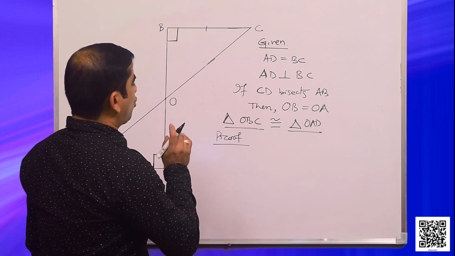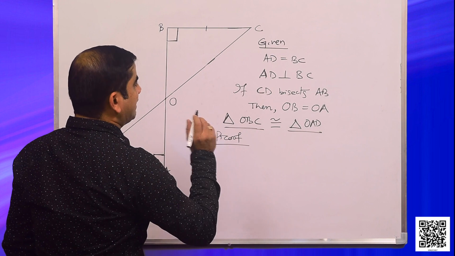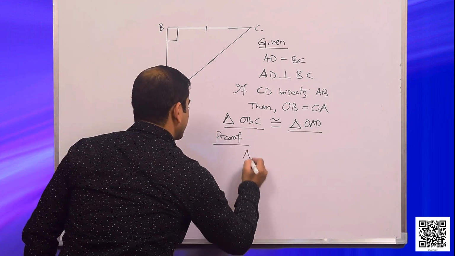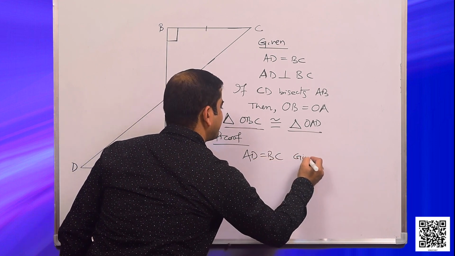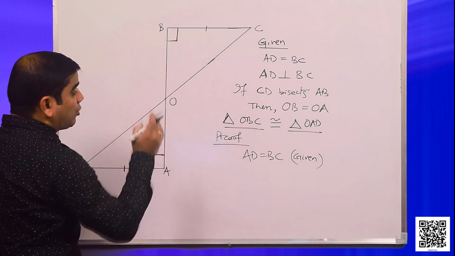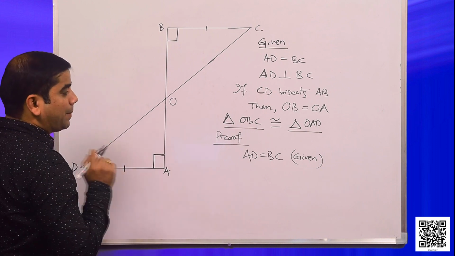So, in triangle OBC and triangle OAD, we have given data AD is equal to BC. It is given, okay, and they are perpendicular to AB.